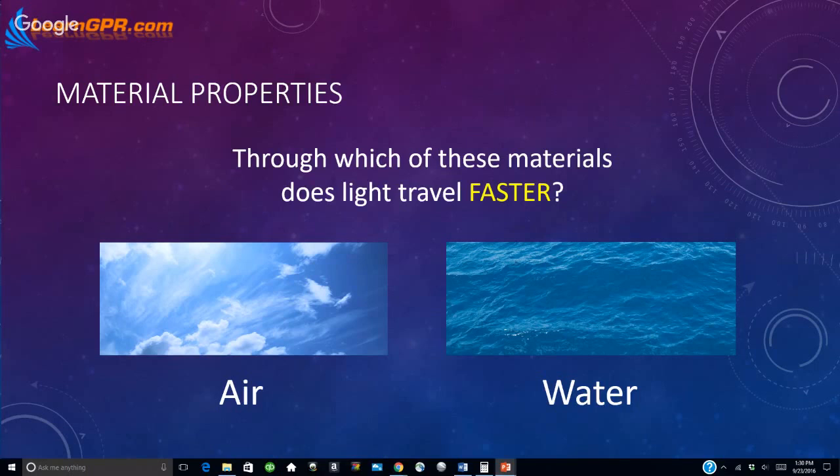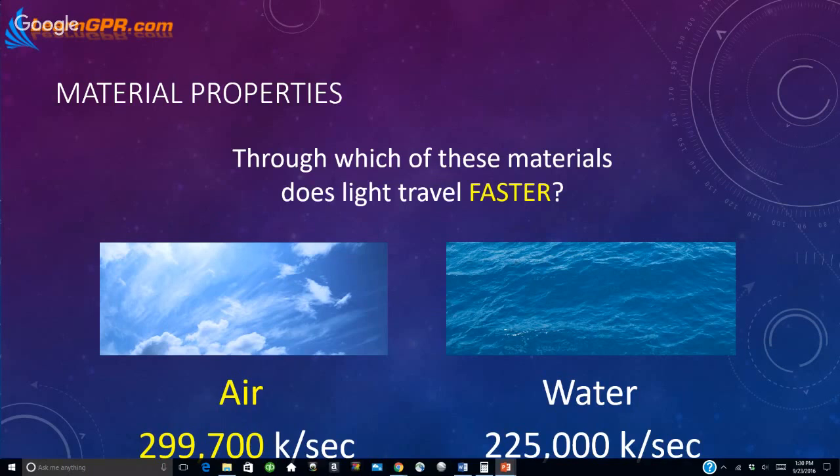If you picked air this time, then you're correct on this one. So in air, light travels at 299,700 kilometers per second. Water is much slower at 225,000 kilometers per second.